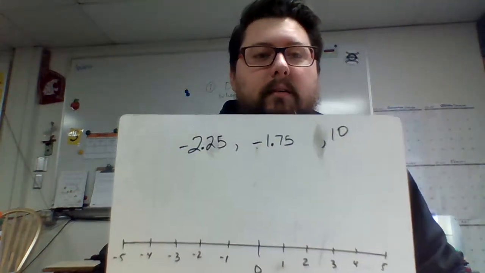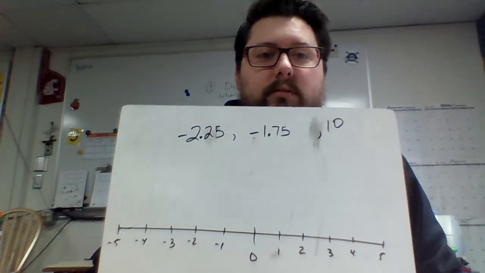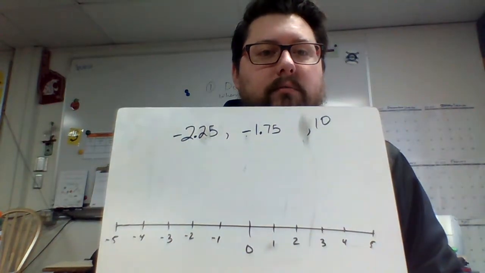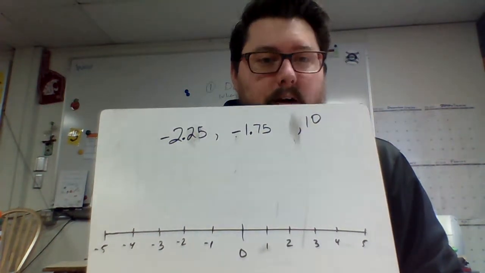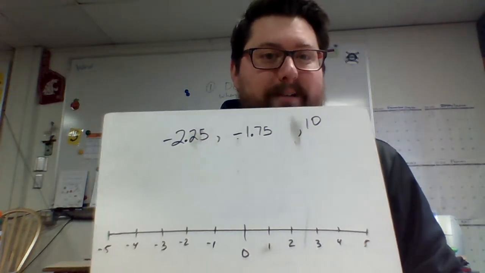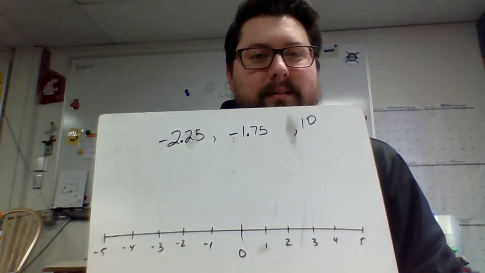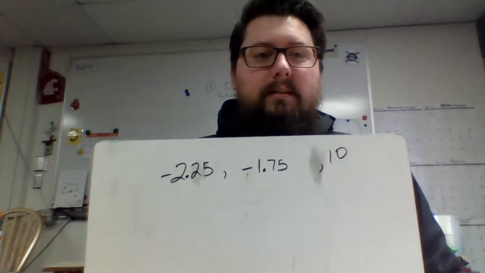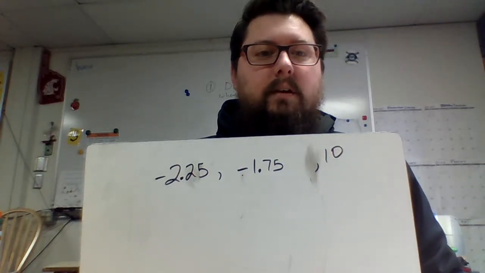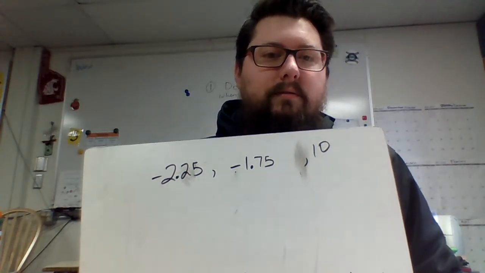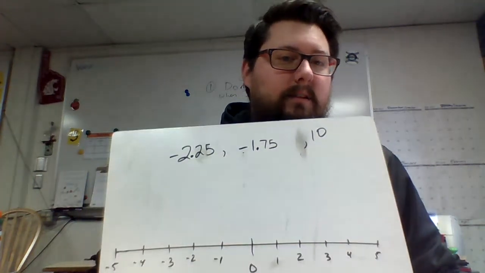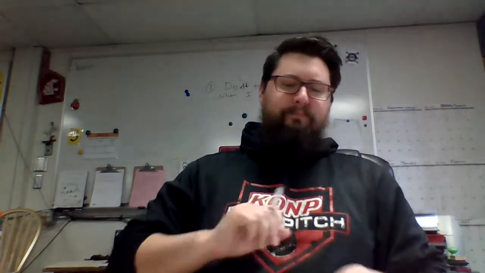So you should have ordered or will order just like this. And again, it's just list the number, comma, second number, comma, and then the last number. So it looks just like that. Negative 2.25, negative $1.75, and positive 10. So that's how we're going to list those.